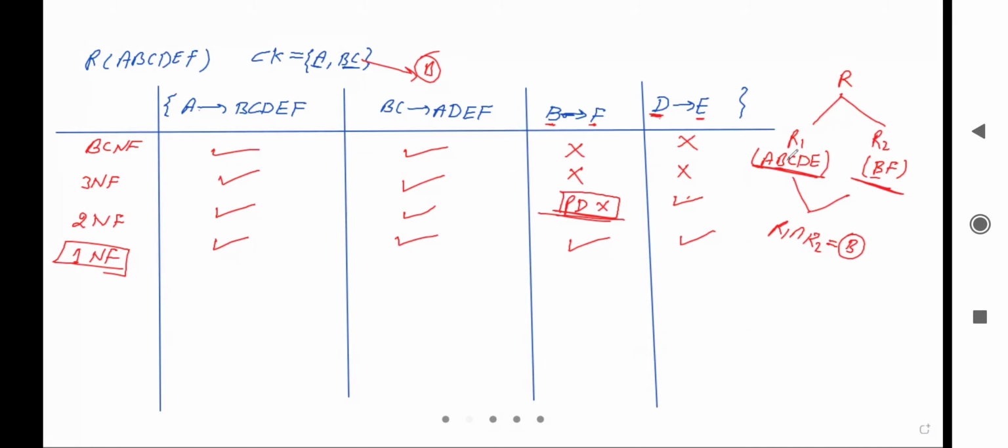Here the functional dependency will be B goes to F, and in such a case B will be the super key of relation R2. It means the join will be a lossless join decomposition. Yes, is it clear to all?